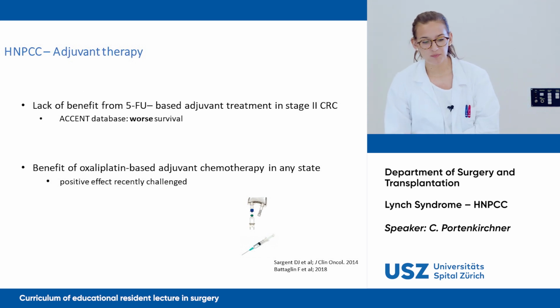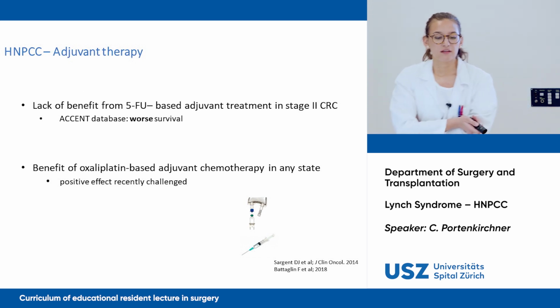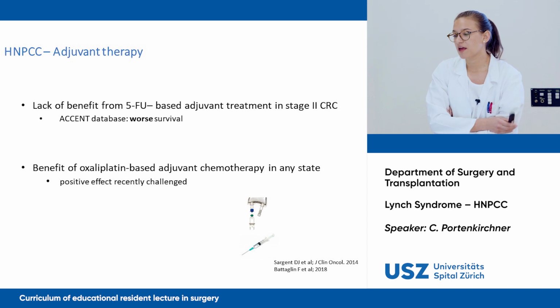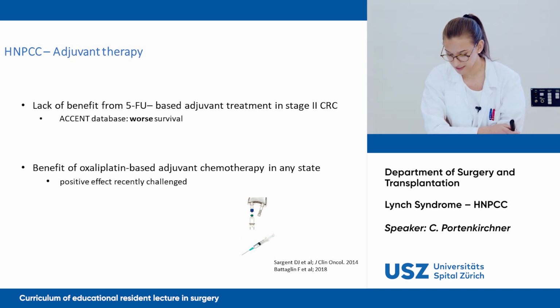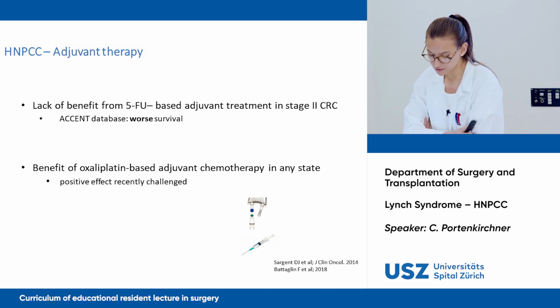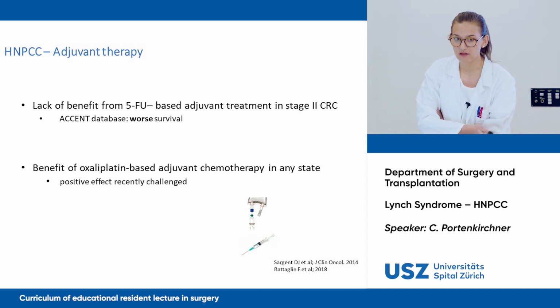Adjuvant therapy. There is a lack of benefit from 5-FU-based adjuvant treatment in stage 2 colorectal cancer. A trend is even towards worse survival, especially also in the ASCENT database mentioned.